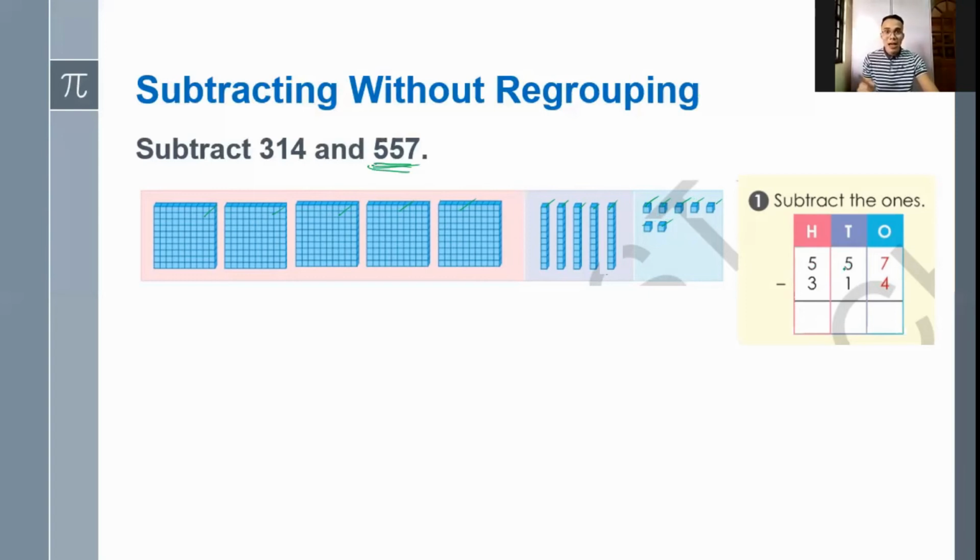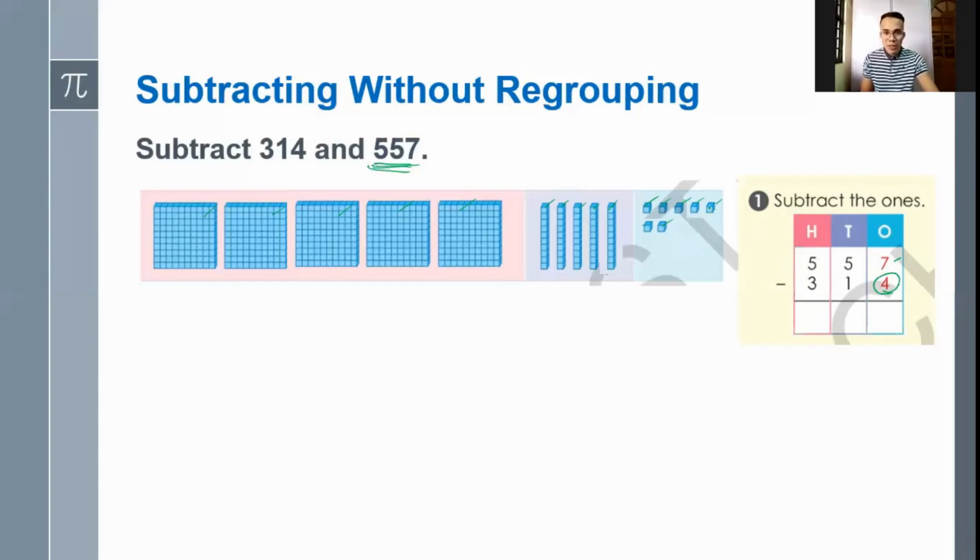Okay? And just like in addition, in subtraction, we are also going to start subtracting the ones. So look at this. I have here 7 ones, and I'm going to take away 4 ones. How do we do that? In the group of ones, you have to cross out 4 ones.